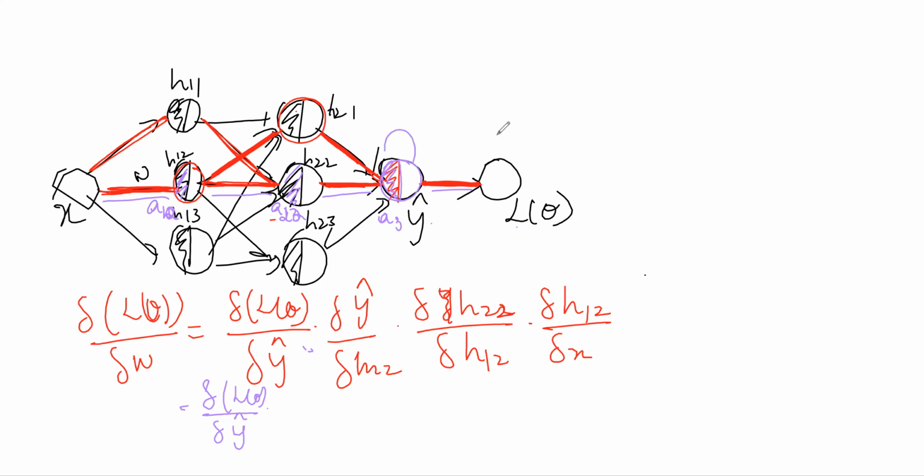From Y cap to A3, what is the operation that I have to perform? Delta Y cap divided by delta A3. That's my next step.